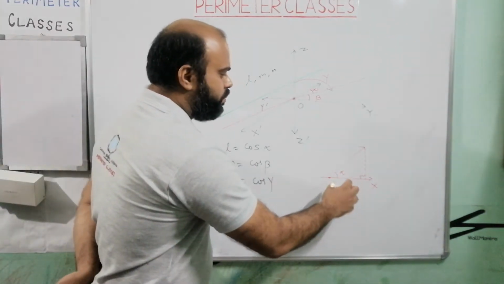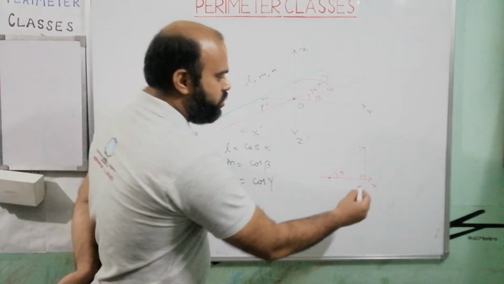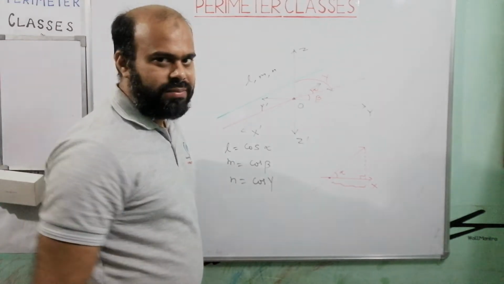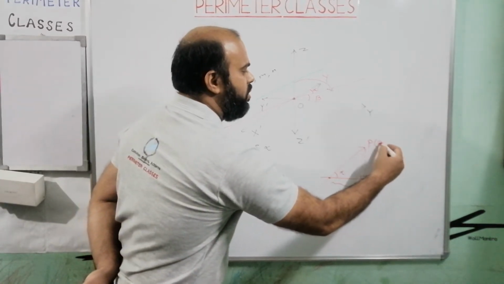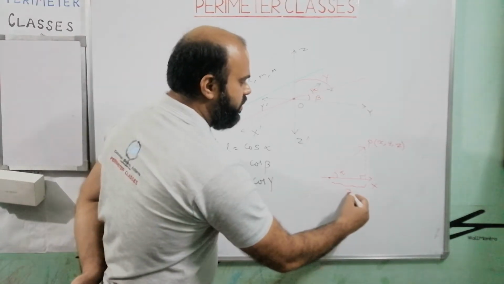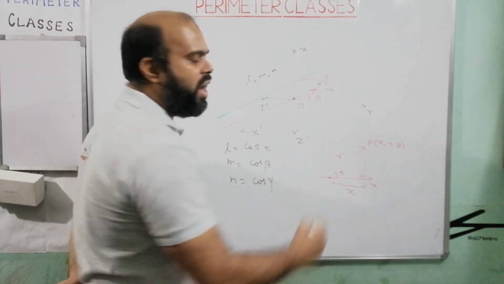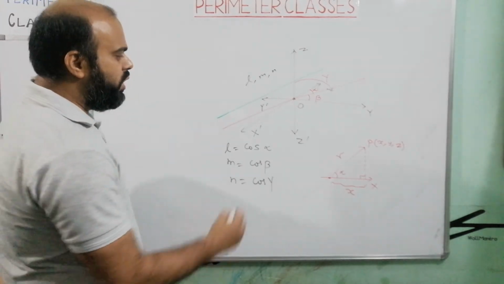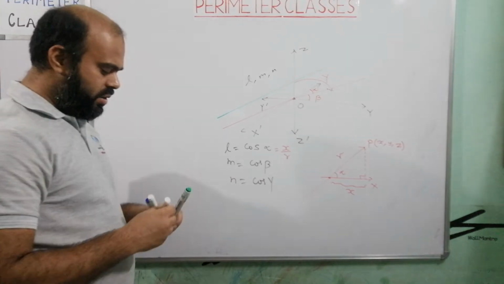So cos alpha is base upon hypotenuse. This base will be the x coordinate of this point, where x, y, z are its coordinates, and suppose this hypotenuse is r. So cos alpha is x upon r.